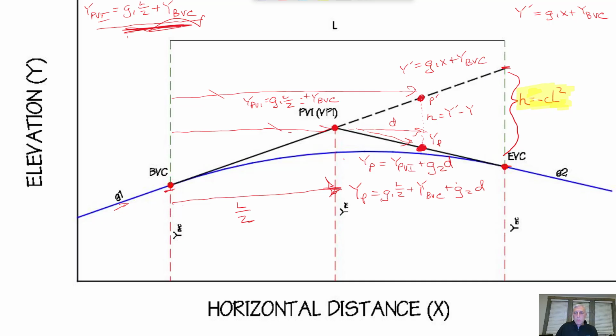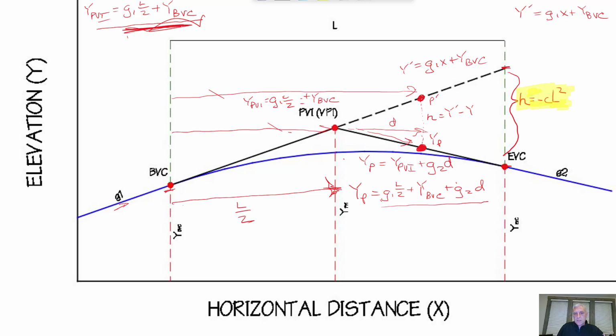So now we have our y of p. This is the elevation of our point. And everything is known here except for this d value, right?